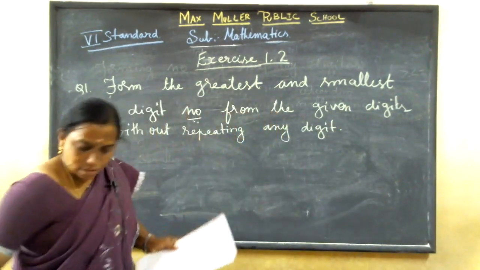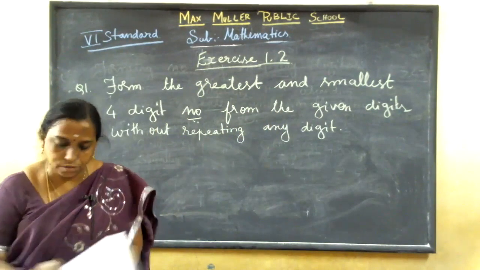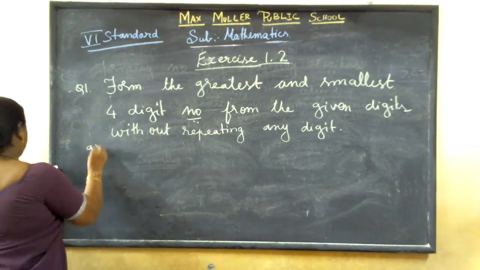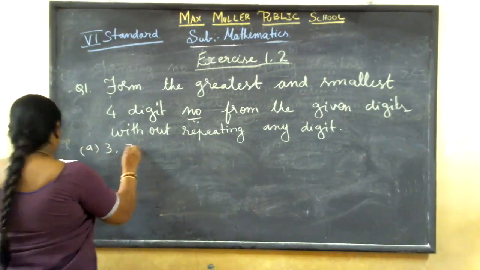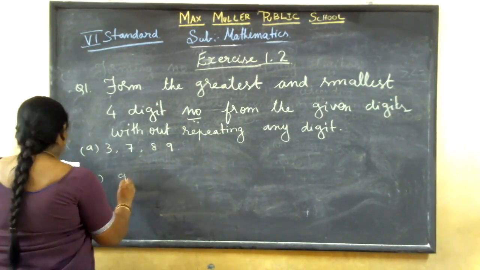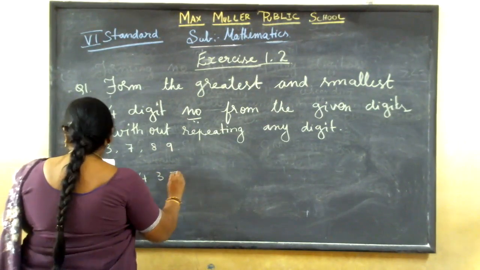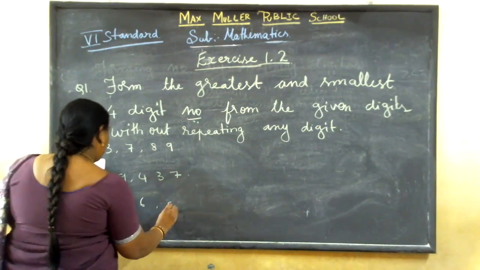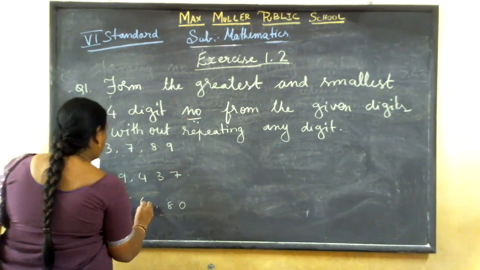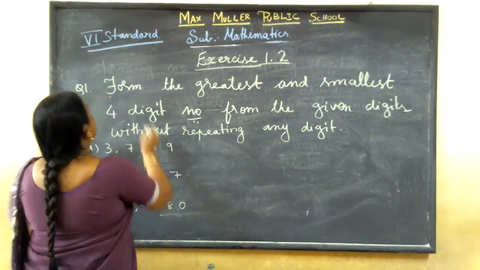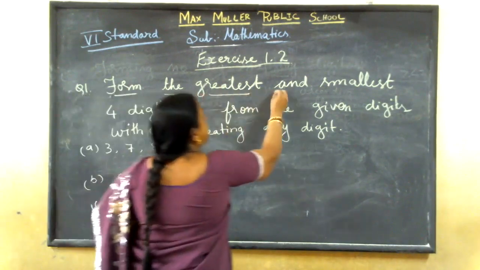Okay, first one. In the textbook, they have given 3 questions. I'll do all 3. A: 3, 7, 8, 9. B: 9, 4, 3, 7. C: 5, 6, 8, 0. Now, I'll read the heading. Form the greatest and smallest.